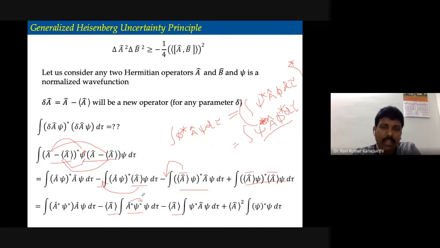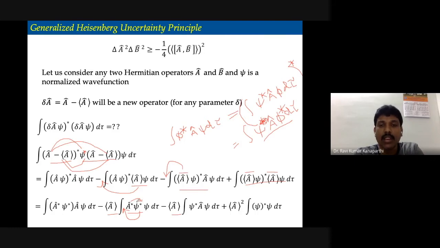So based on that, the functions you can move. Here what we are exchanging is the wave functions. But now, we are moving this wave function to the other side of the operator, provided that the complex conjugate has to be removed.